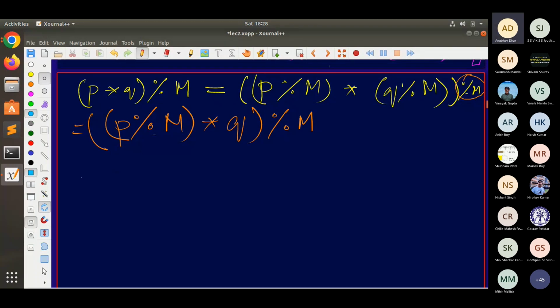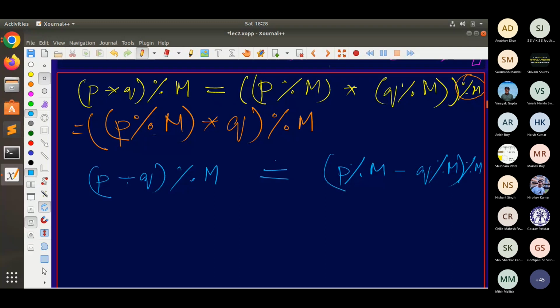Now coming to subtraction, p minus q. First of all, I'll just put something. Does anyone know what's going on over here? It's actually not always equal. This is not a mathematical property, this is a property of the C language. Does anyone know about this?